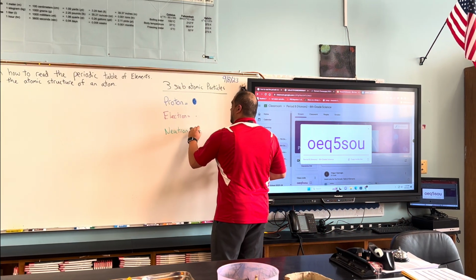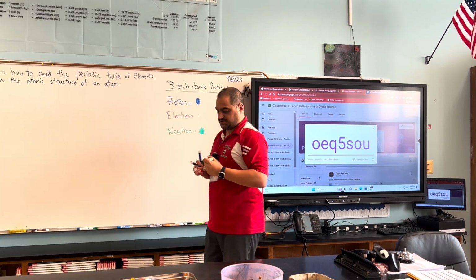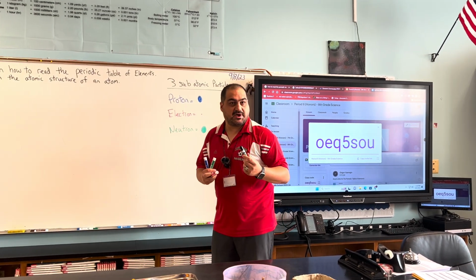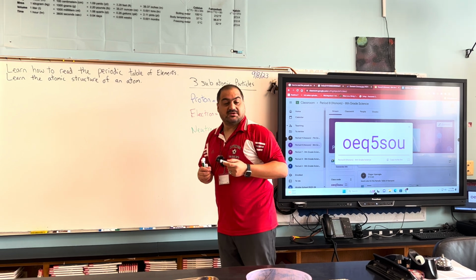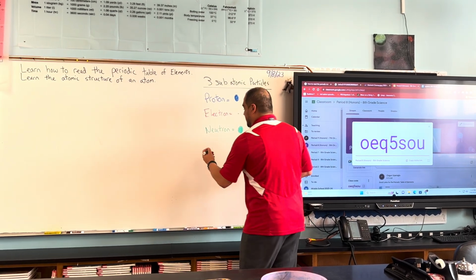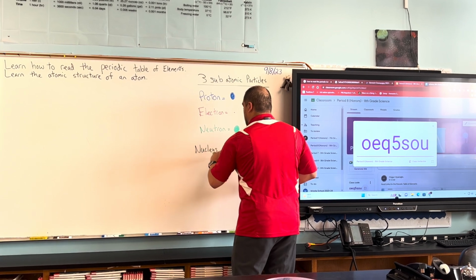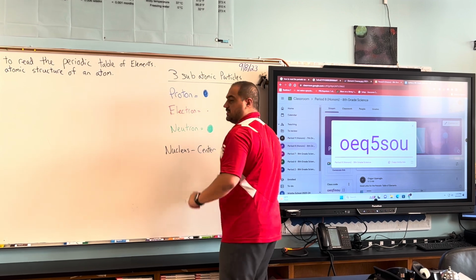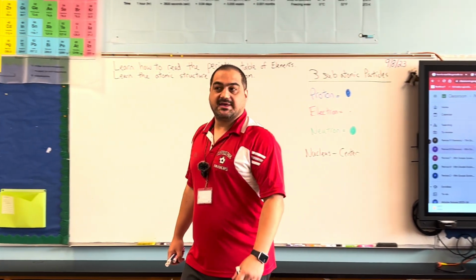Now, when talking about the atom, there's pretty much 2 main parts to it, or 2 main structures in the atom, right? So what was one of the main structures that we talked about? Does anybody remember? Okay, Shri? The nucleus. So the nucleus is the center. And which subatomic particles are in the nucleus? Davey?